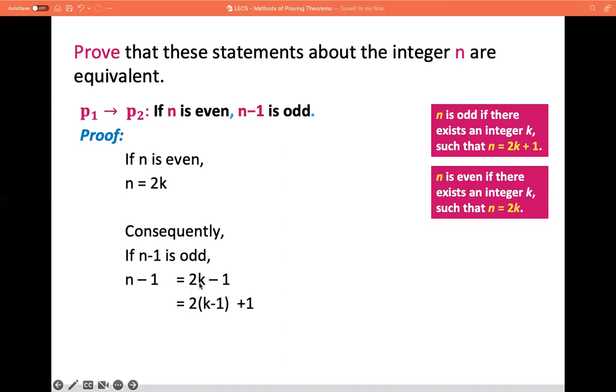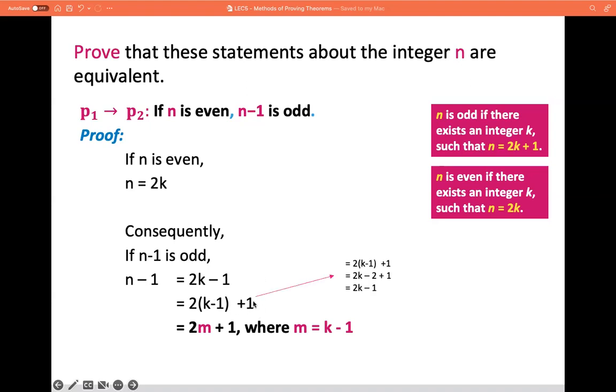And then we can rewrite it into 2 times k minus 1 plus 1, wherein we can rewrite it into the form of 2m plus 1, where m is equal to k minus 1, wherein this form is an indication that it is an odd number. Okay, so how did we arrive at 2 times k minus 1 plus 1?